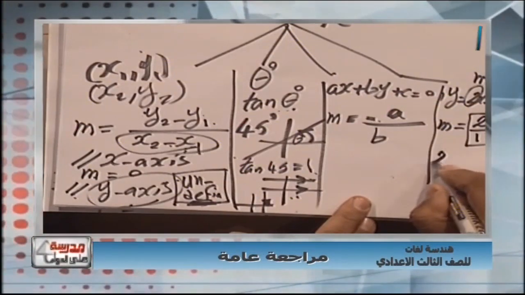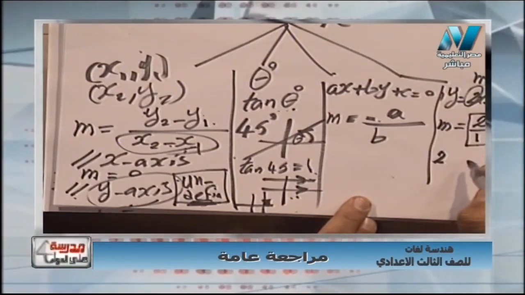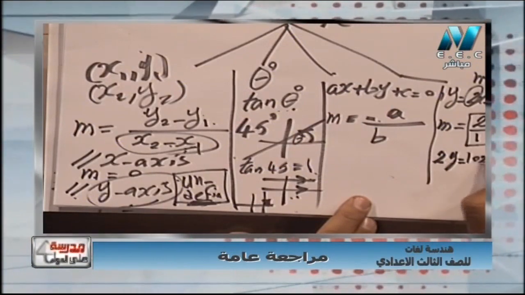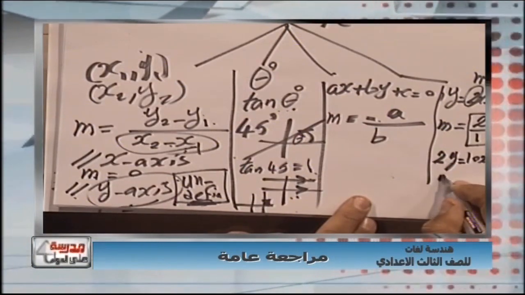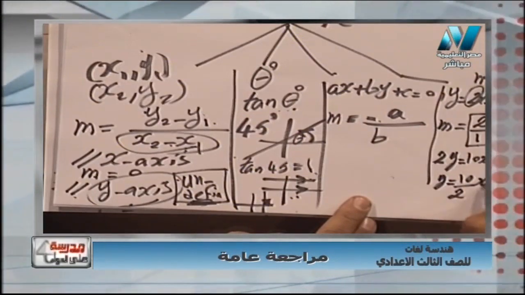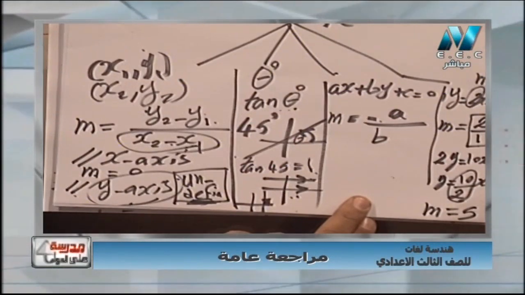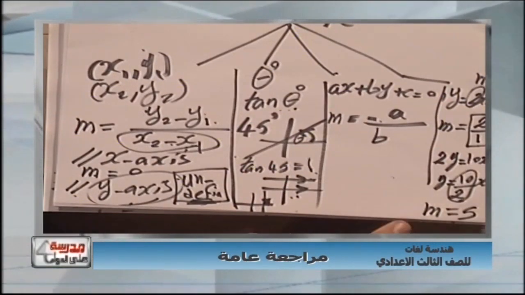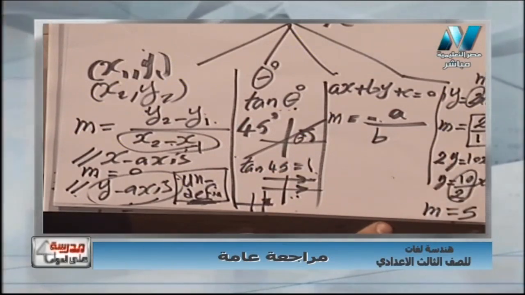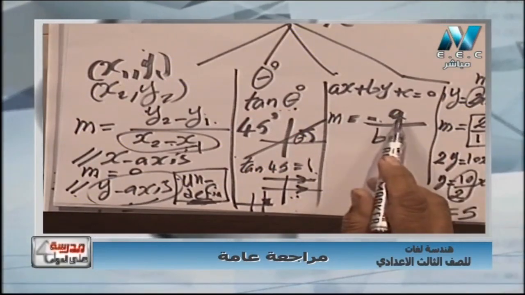But if the coefficient of y does not equal 1, we can't call the coefficient of x m, because if 2y equals 10x, then y equals 10 over 2 x, so your slope is 5, not the coefficient of x directly, because the coefficient of y does not equal 1. And then m equals negative a over b.